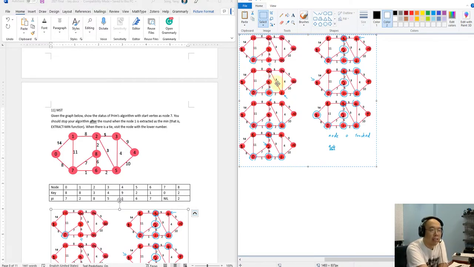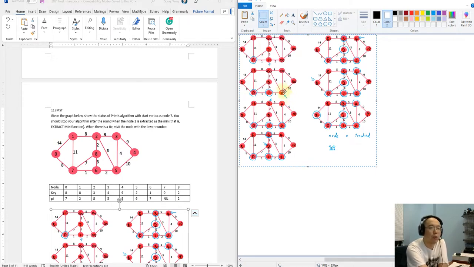So I updated this value here, and also this node becomes accessible and the cost will be a 2. Now if we extract the min from all the nodes that have numbers but are not circled yet, I'm going to extract this 2.